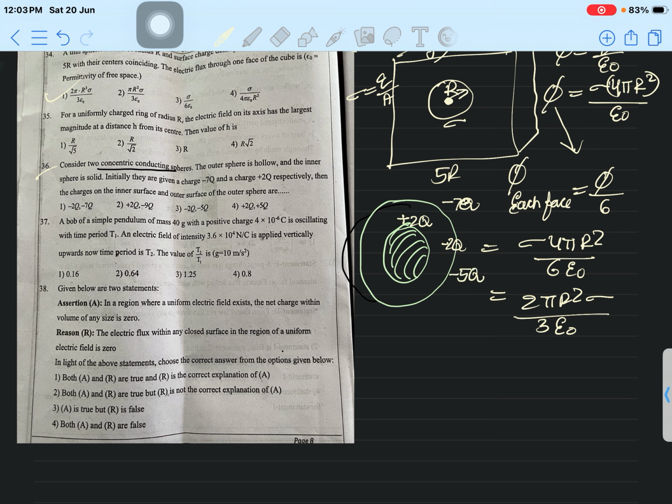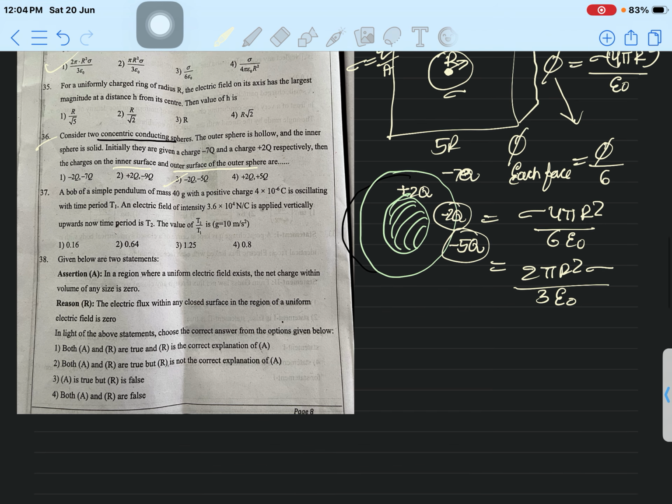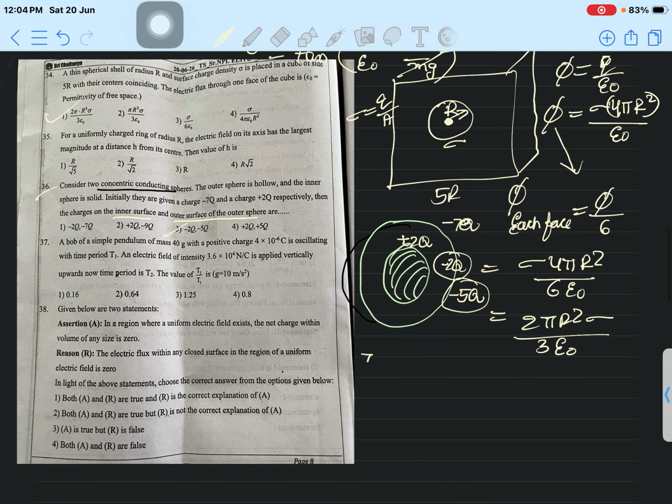Now the question is, what are the charges on inner surface and outer surface of outer sphere? So minus 2q, minus 5q. So which option? Third option, sir. Is that okay?